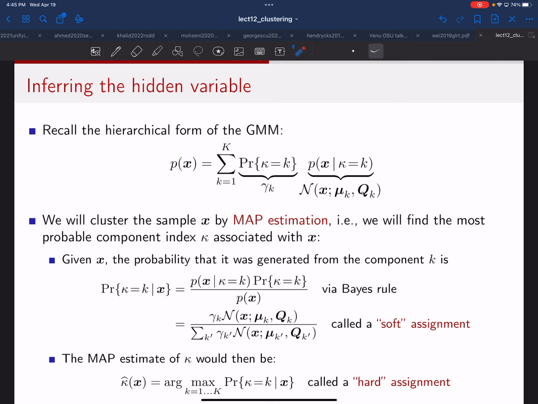So the thing we care about when we cluster is we want to figure out the probability of kappa given X. So we're given this point X. We have this model, but what we don't know is which kappa, which cluster X came from. So can we figure out the probability? That's the goal. And the answer is yes, we can do this with Bayes' rule.